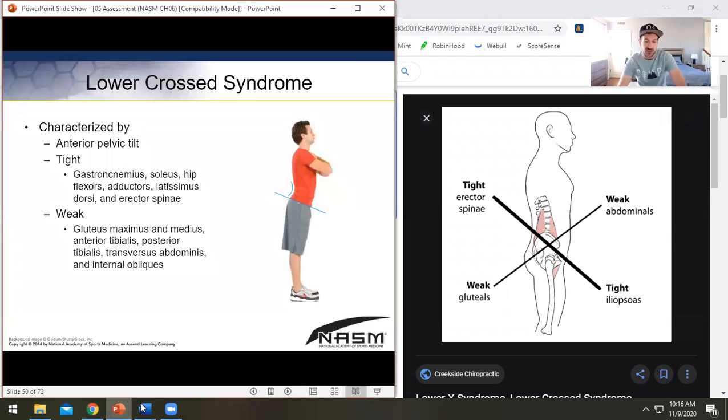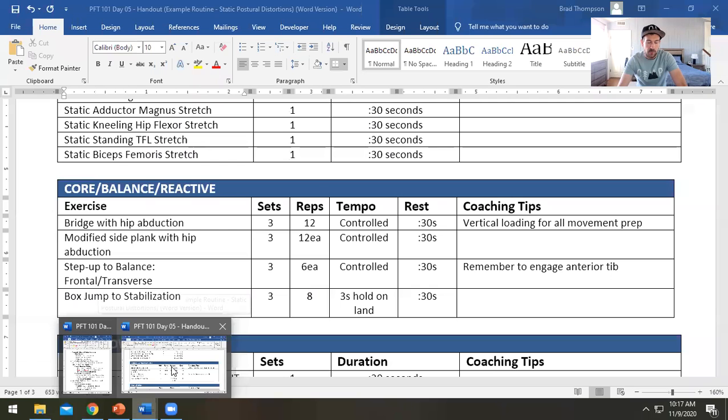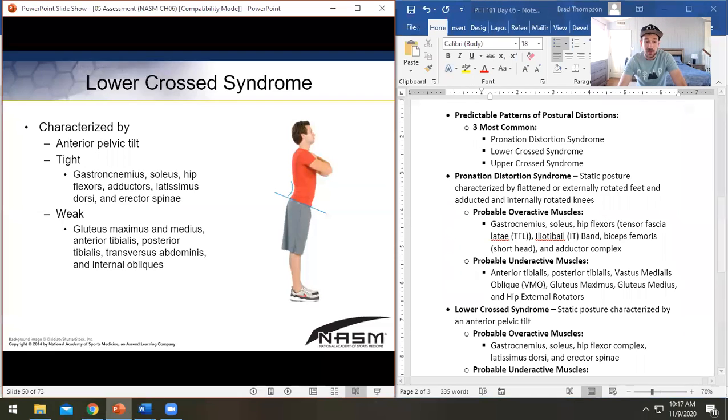So let's see our list here. Lower cross syndrome is going to be characterized by an anterior pelvic tilt. You're going to see the calves here again really quick, which always kind of surprises people. But Noel, this is what you were talking about, where sometimes you see the lean. That is often a tight calf thing, because their calves don't flex back.